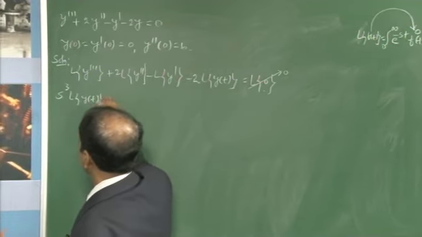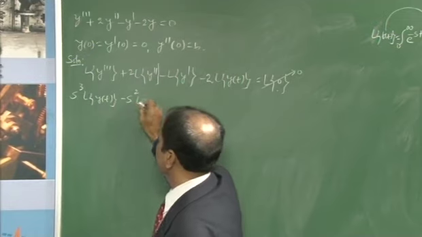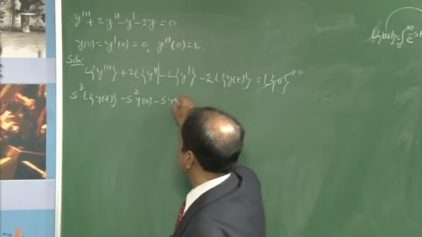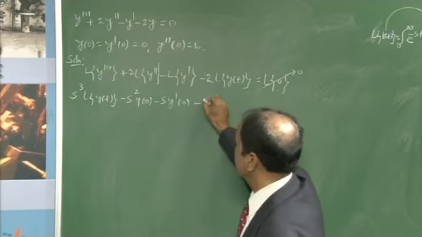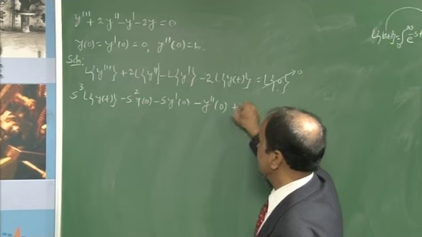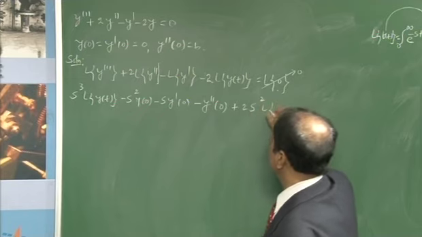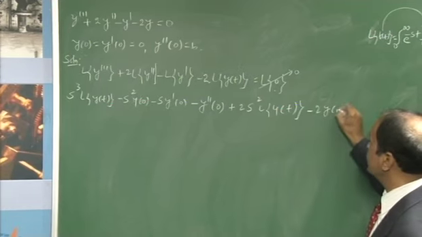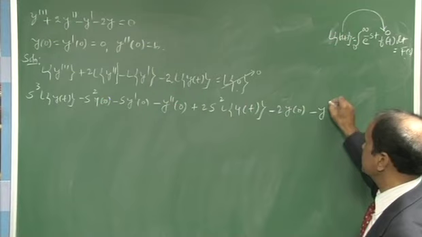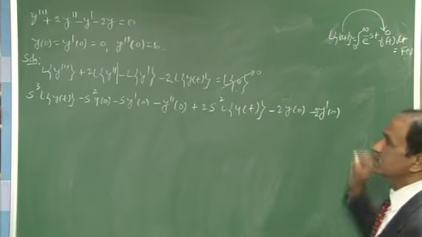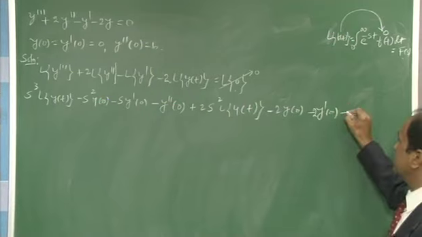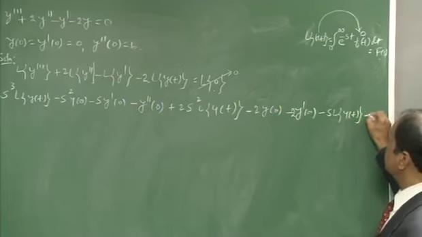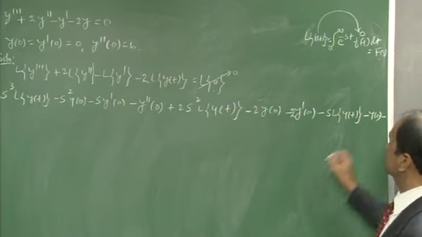So here we have s cube L of y of t minus s square y of 0, then minus s into y dash 0, minus y double dash 0, then 2 times s square L of y of t minus 2 times s y of 0 minus 2 times y dash 0, that is enough, and minus s into L of y of t minus y of 0, that is enough.